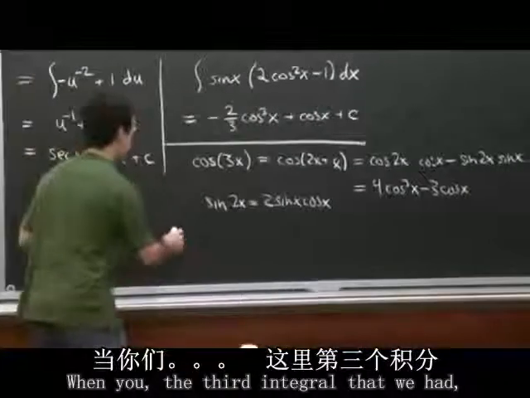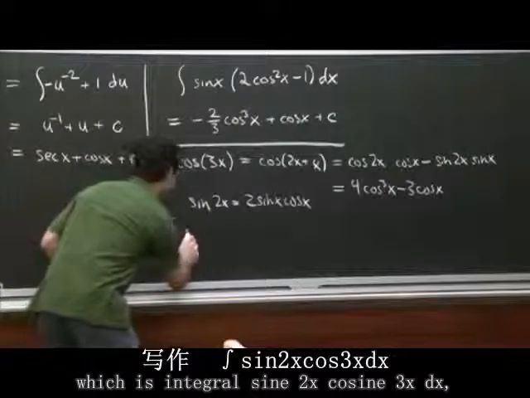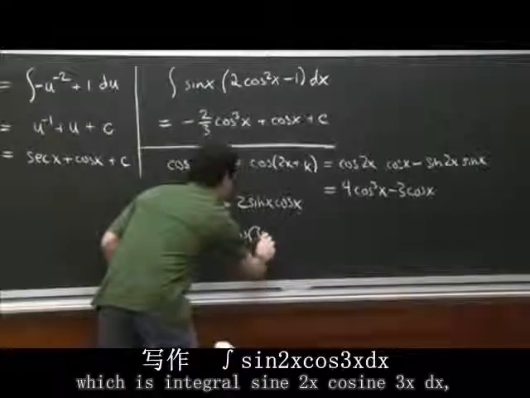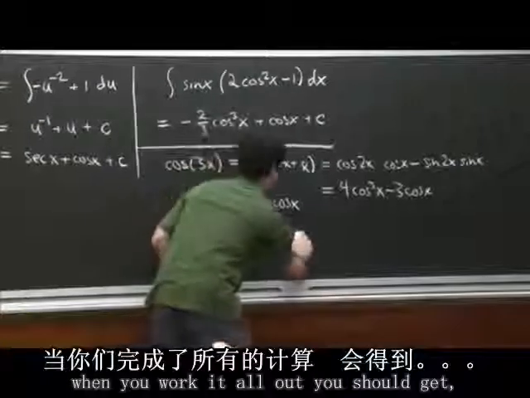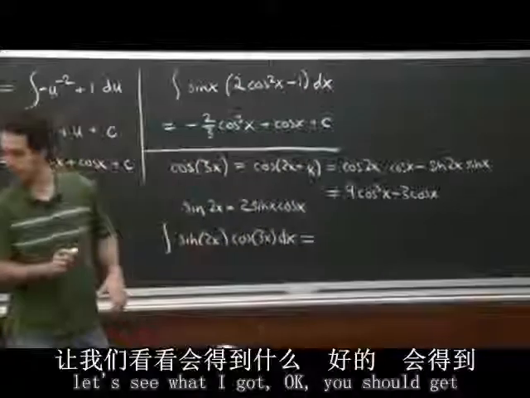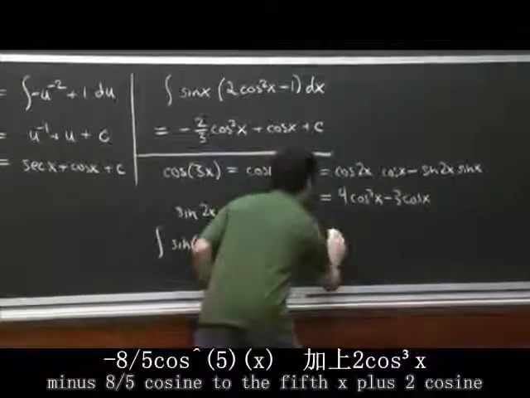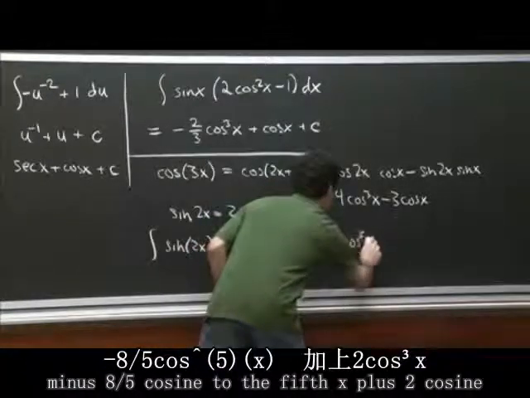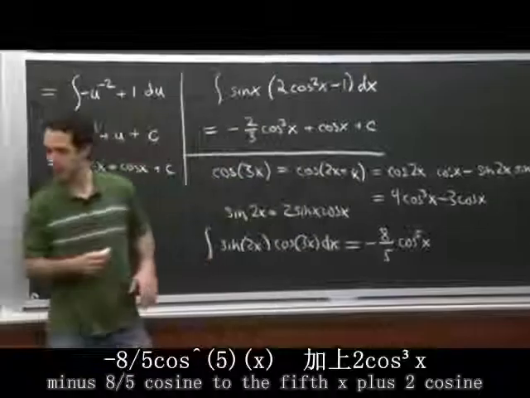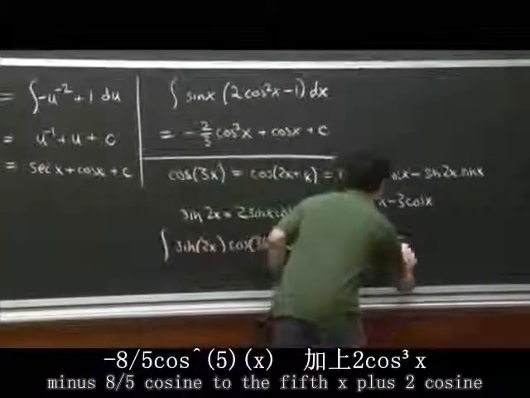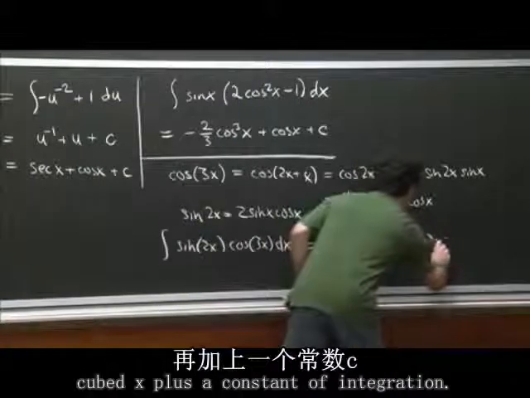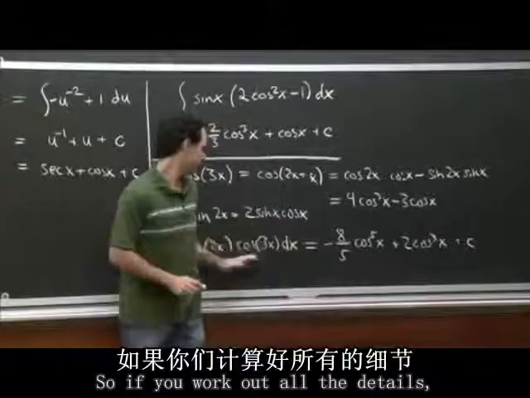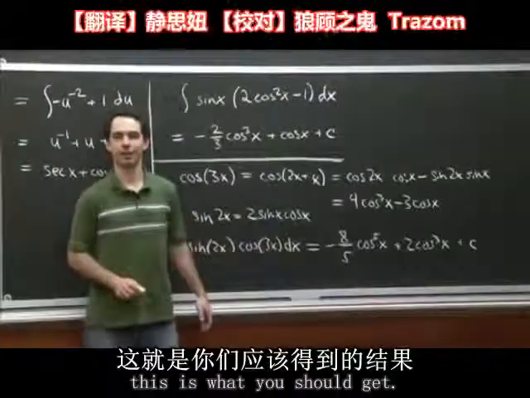The third integral that we had, the integral of sine 2x cosine 3x dx, when you work it all out, you should get minus 8/5 cosine to the 5th x plus 2 cosine cubed x plus a constant of integration. So if you work out all the details, this is what you should get. I'll stop there.